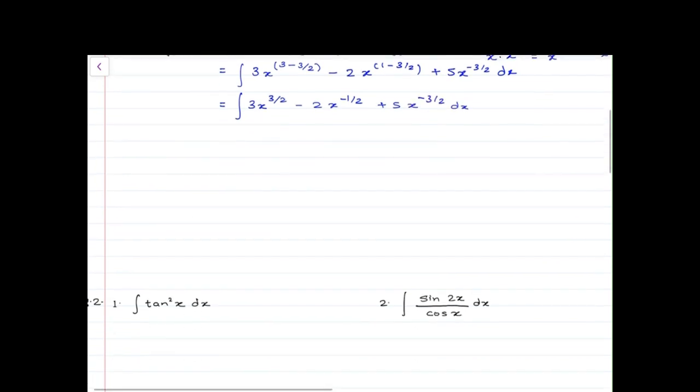Now you need to solve the integration. It's simple again. So for 3, you have x raised to 3 by 2 plus 1 by 2, which is x raised to 5 by 2, divided by 5 by 2. Minus, here x raised to minus 1 by 2 plus 1 will give x raised to 1 by 2 divided by 1 by 2, plus 5 times x raised to minus 3 by 2 plus 1.